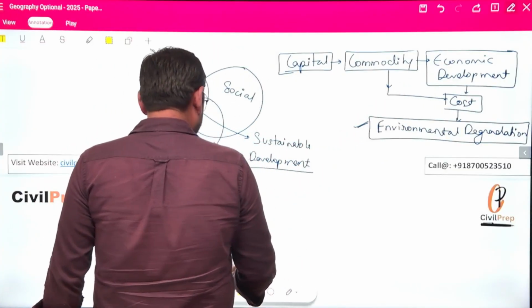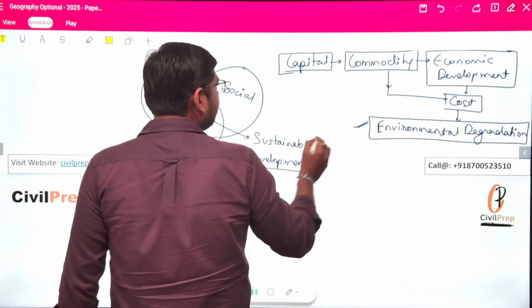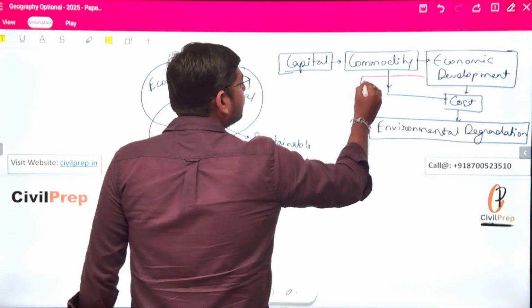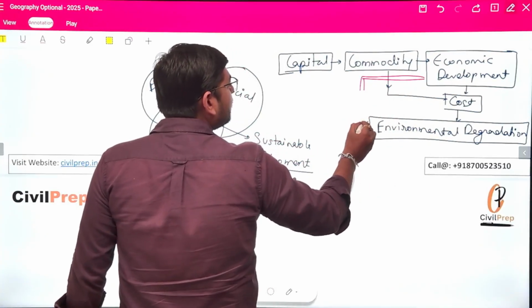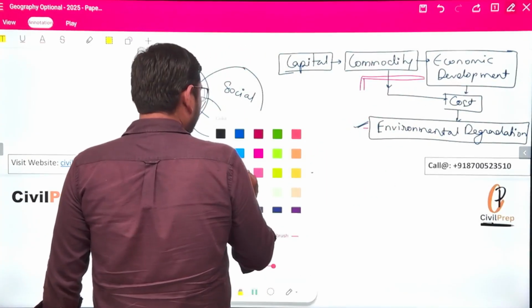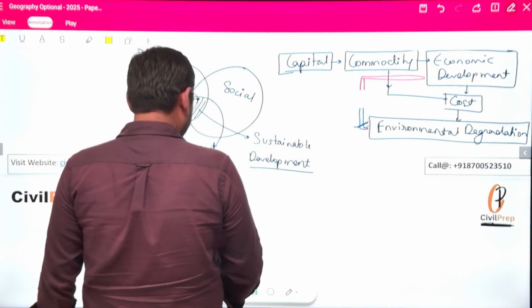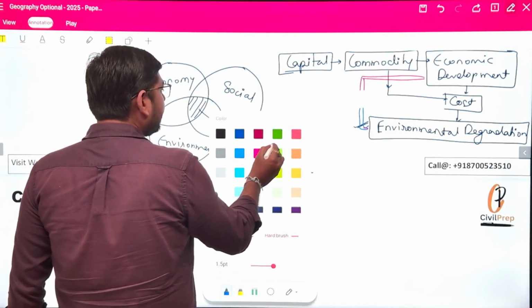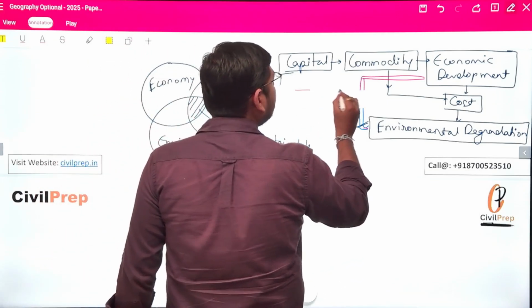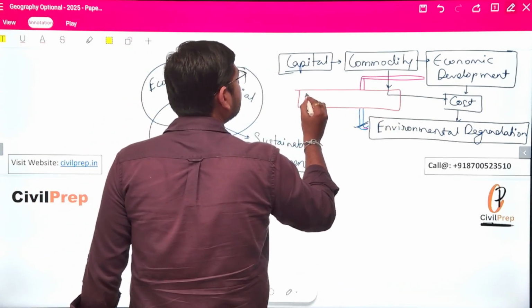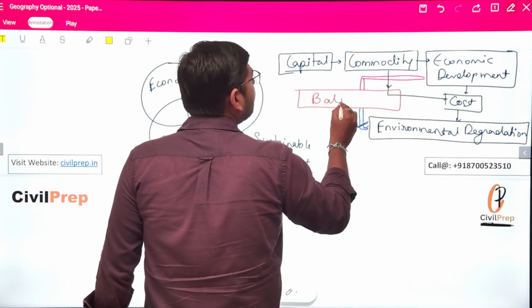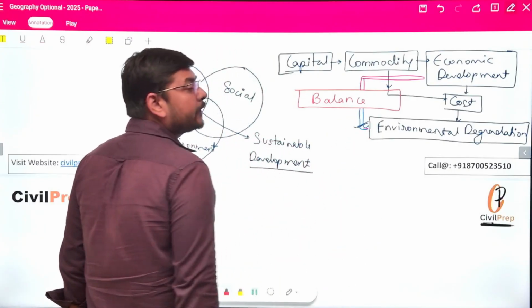So we need to have a system where we can create a balance between economic development and environmental degradation. We need to create a balance.